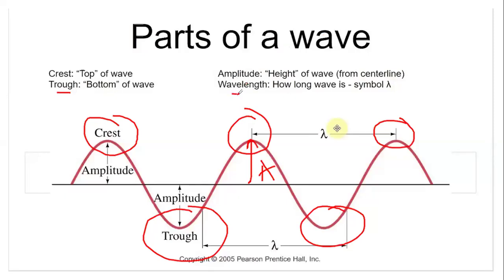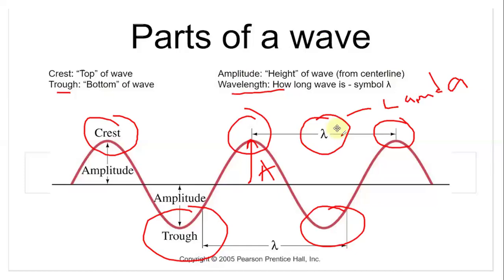And then now we have the wavelength. So what is the wavelength? The wavelength is simply the distance between two troughs or the distance between two crests. It's denoted by this symbol, which we call lambda.